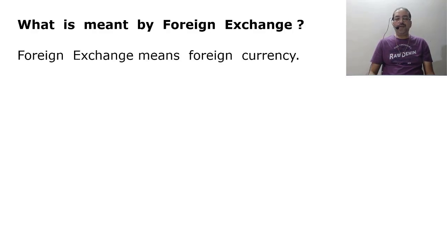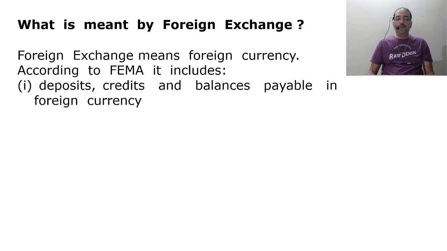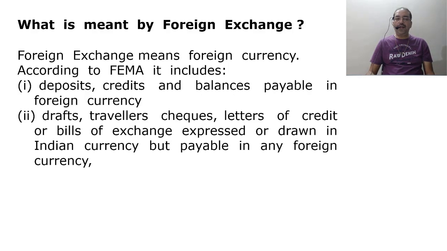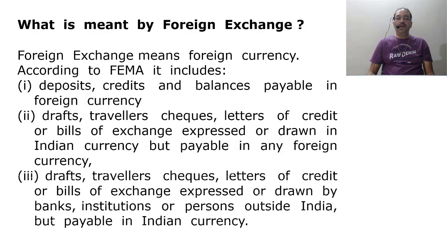So, as per the definition, foreign exchange means foreign currency, and according to FEMA, it includes deposits, credits, and balances payable in foreign currency. It includes drafts, traveler's checks, letters of credit, bills of exchange, expressed or drawn in Indian currency but payable in any foreign currency.